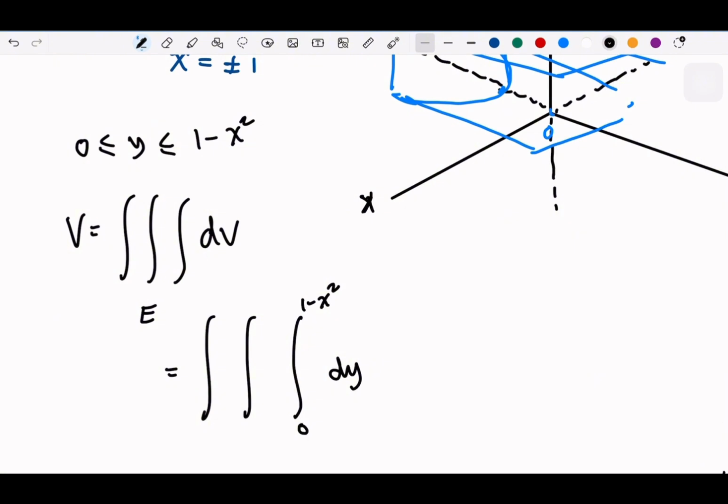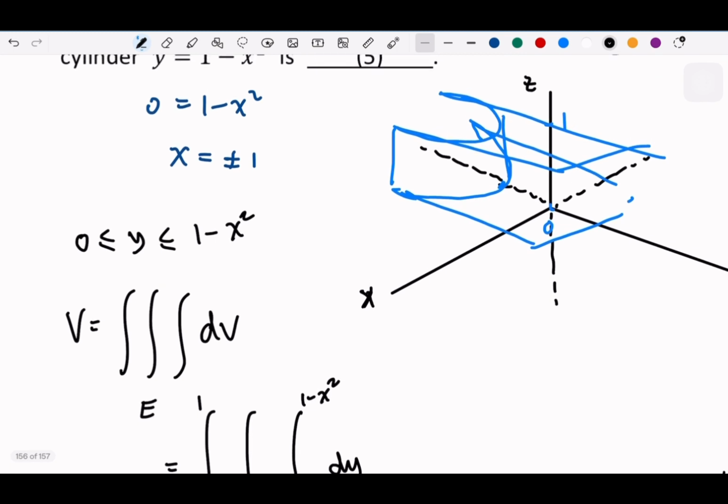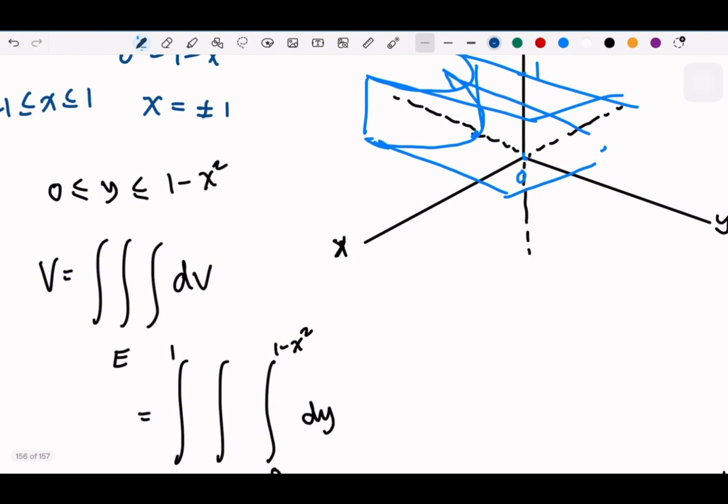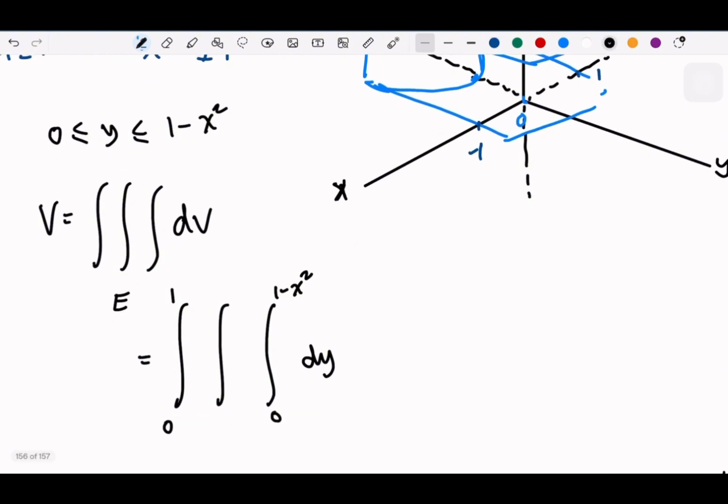And then I will take z from 0 to 1, and x is defined by this. Either dx or dz, you can interchange between those. So x will be from negative 1 to 1, and I will take this as dx and then dz.